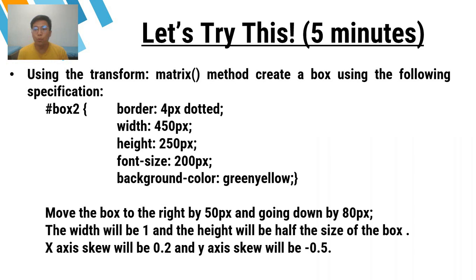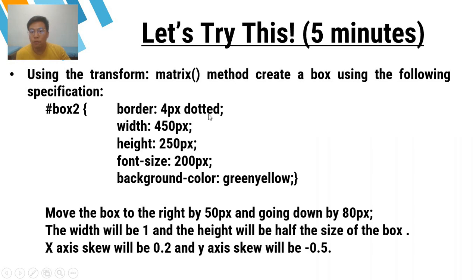To really understand how transform works, I want you to do this activity for 5 minutes. Pause this video and do the following instructions. Using the transform matrix method, create a box using the following specification. You will be creating a box with an ID of box2, with the following CSS properties and values.